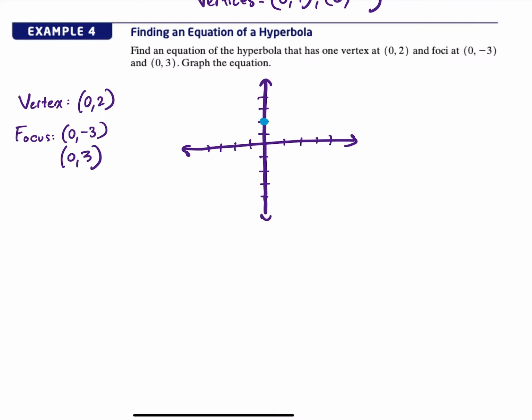Then we have a focus point at 0, negative 3, and 0, positive 3. So down here, and up here, 1, 2, 3.